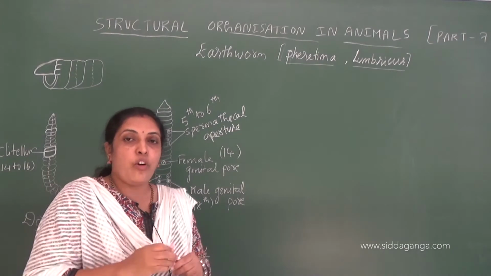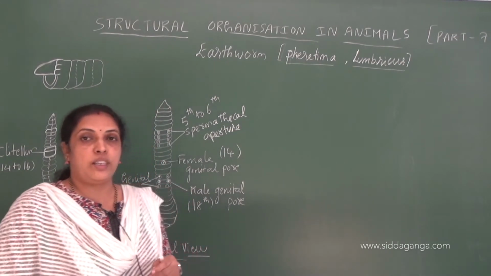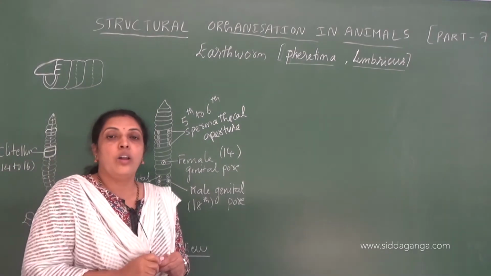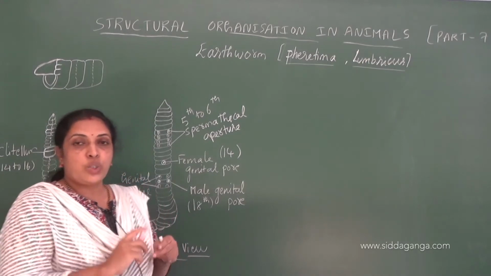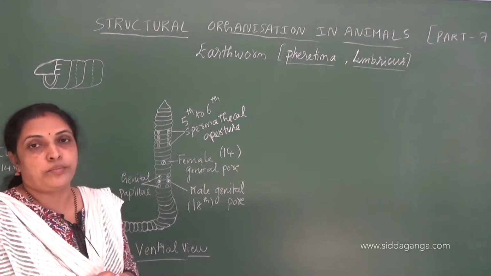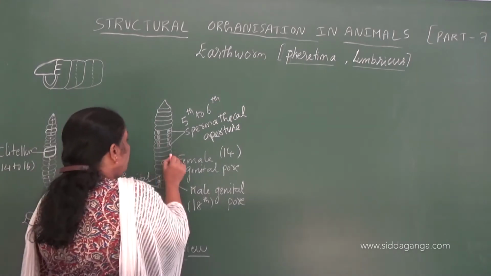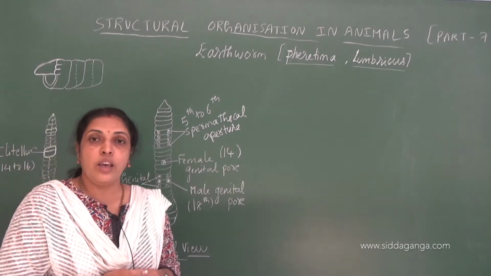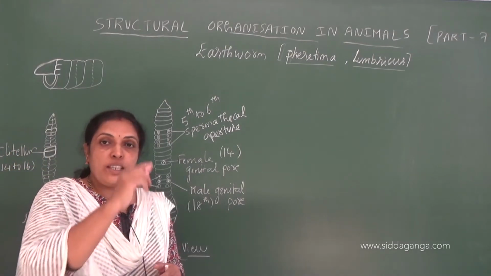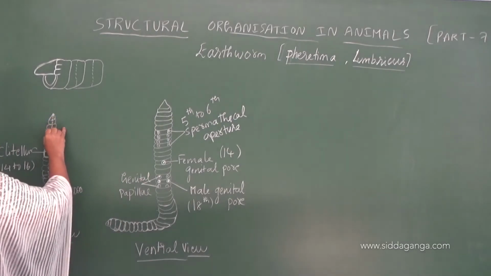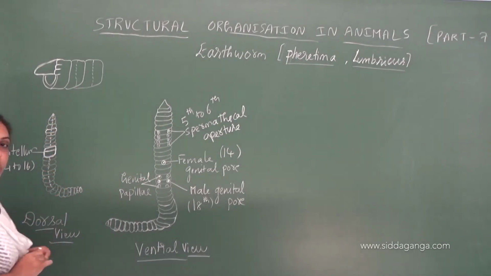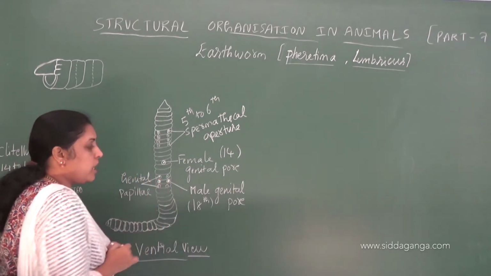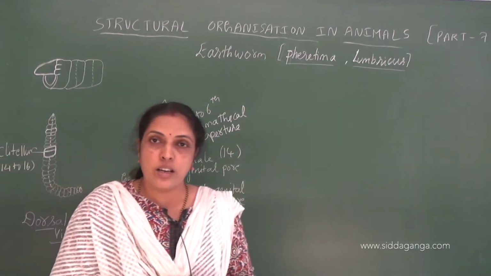If we see this mid dark longitudinal line, that shows that surface is the dorsal side. If we see openings like this, male and female genital pores, then that is the ventral side.